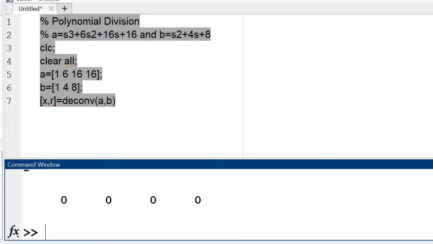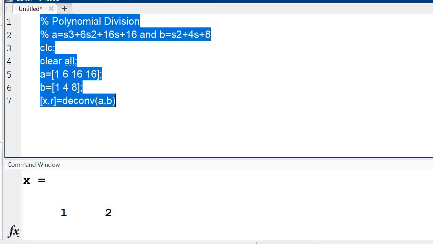Now the result is x is equal to 1 2, r is 0 0 0. The quotient is 1 2 and the remainder is 0 0 0. It means s plus 2. Now I am taking another function.